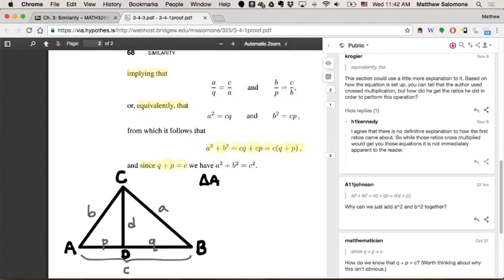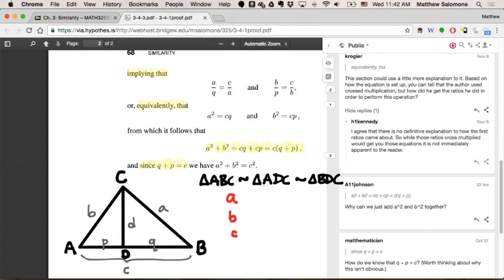So we have ABC on the one hand, and we have ADC on the other, and then we also have BDC. And the sides of the triangle ABC are a, b, and c.